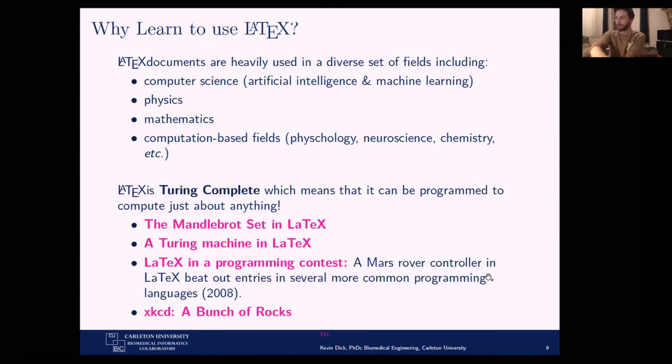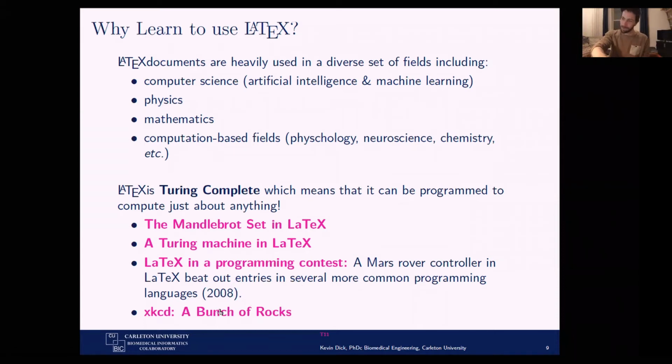A Mars rover controller was implemented in LaTeX, and it beat out in 2008 several other more common programming languages. So it's probably nothing that you'll want to implement yourselves in real life or use as an actual programming language, but it does go to show how powerful or complex this system can be.